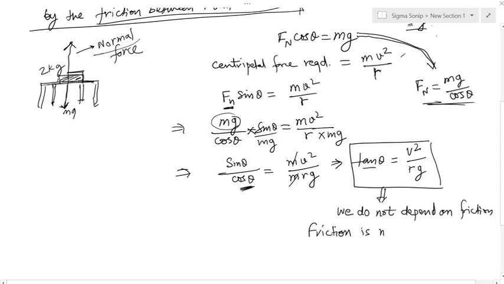Friction is not needed to go around this bend. Yeah, and this is where I'm going to stop, and we'll continue this discussion in the next video. We'll look at some problems as well.